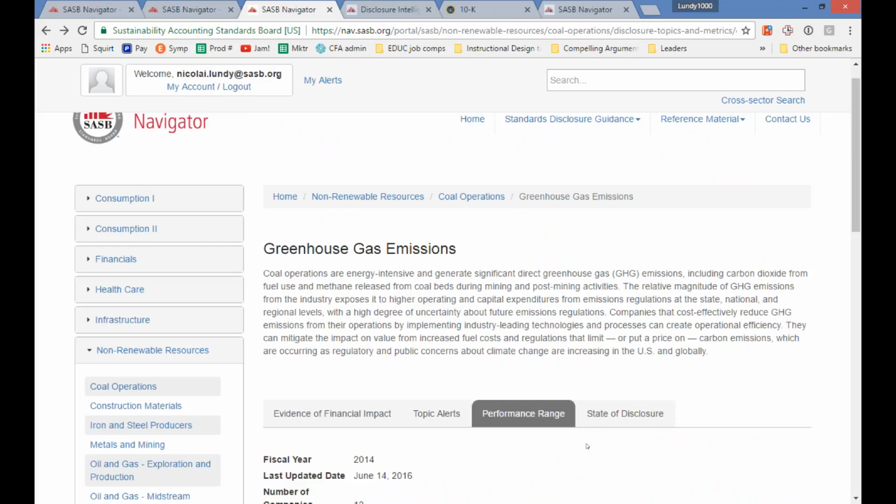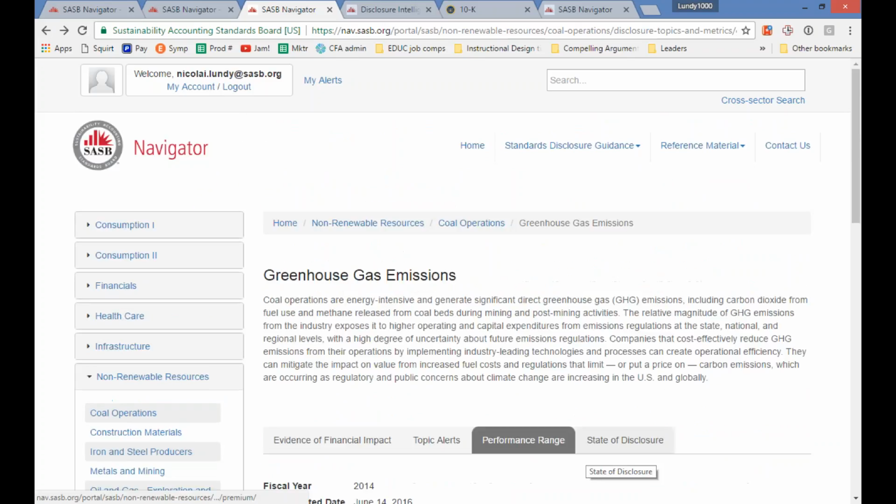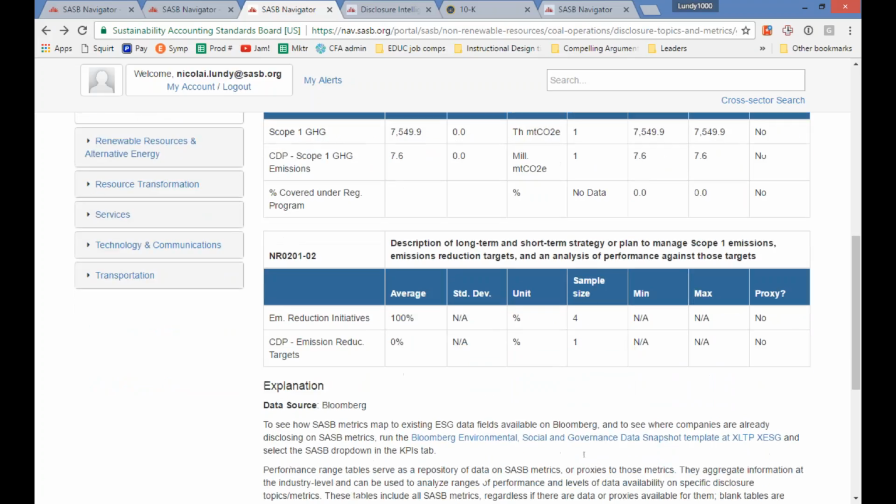We are working over the next few months to add multiple years' worth of data, so that will become available. This data is informed by websites, sustainability reports, press releases, SEC filings, all of the different sources that Bloomberg uses.